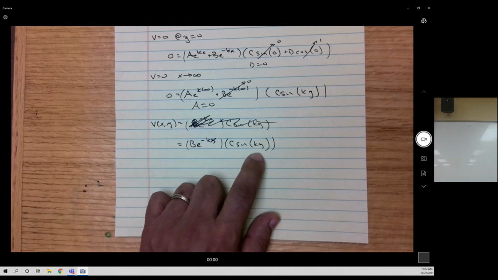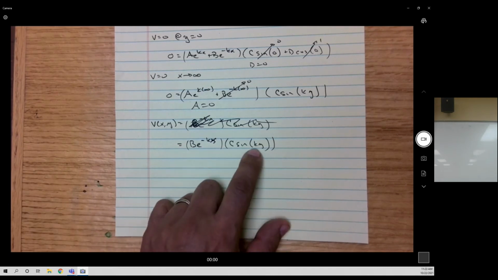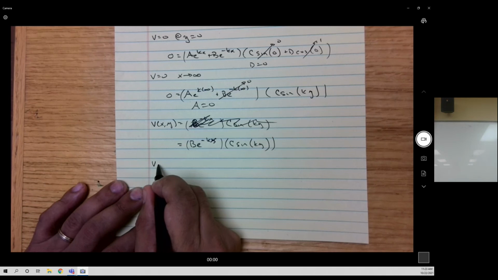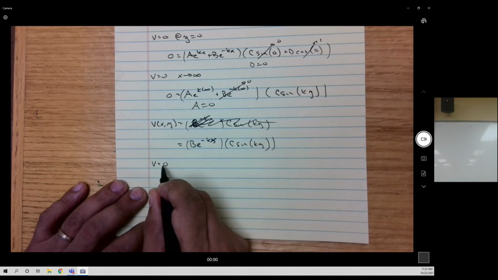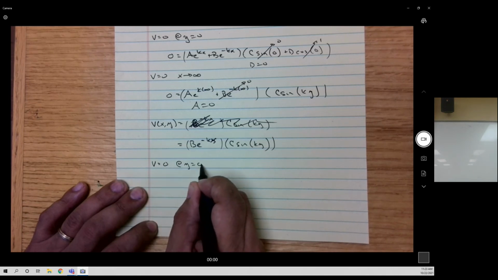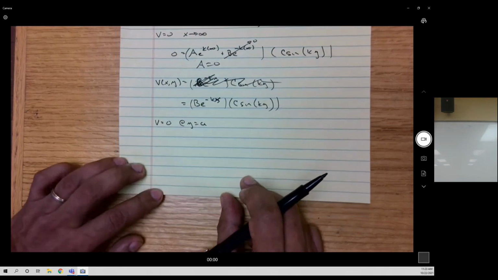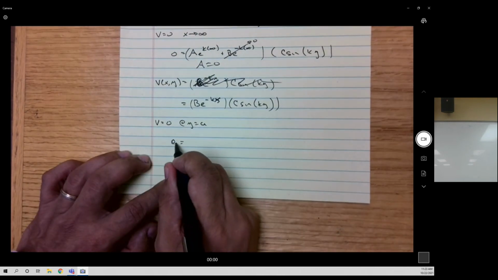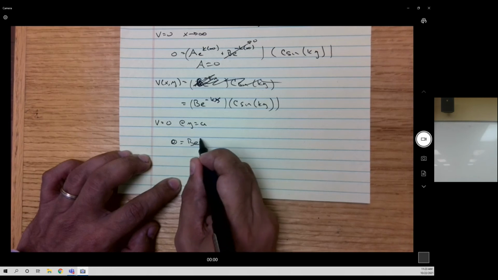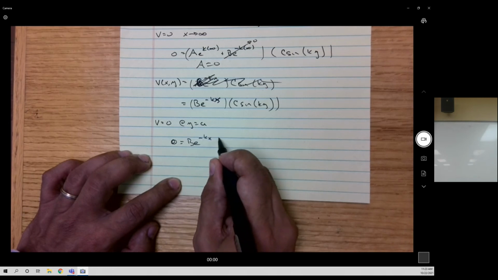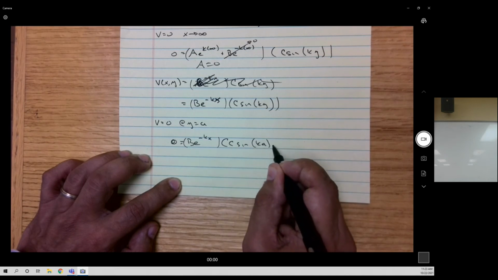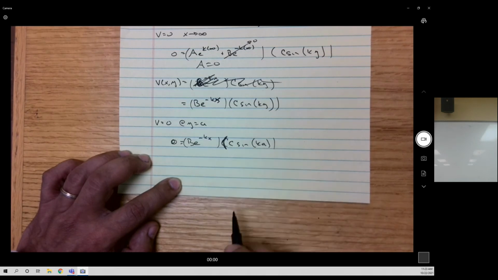Okay. Now what we need to do is apply the third boundary condition to find an expression for k. So V is going to be equal to V naught when y equals a. So that will be 0 equals B e to the minus kx, C sine of ka.